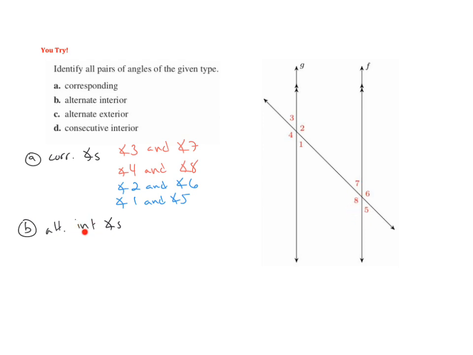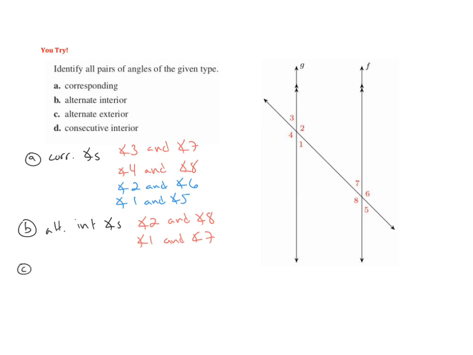The other thing I notice is that we have the word interior, which means on the inside of the parallel lines. So angle 2 needs to be paired up with angle 8. These are both interior angles, but they are on opposite sides of the transversal. So we have angle 2 and angle 8, and then we also have the other pair, angle 1 and angle 7.